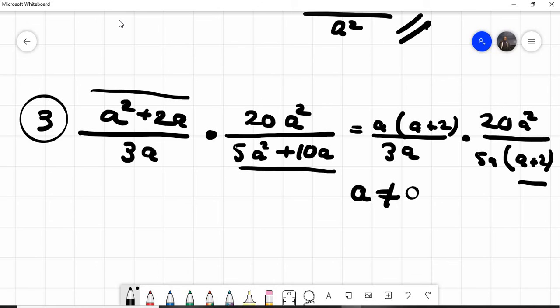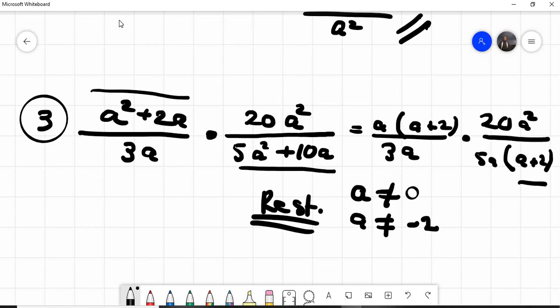So we have restrictions, and that is what we have to mention.